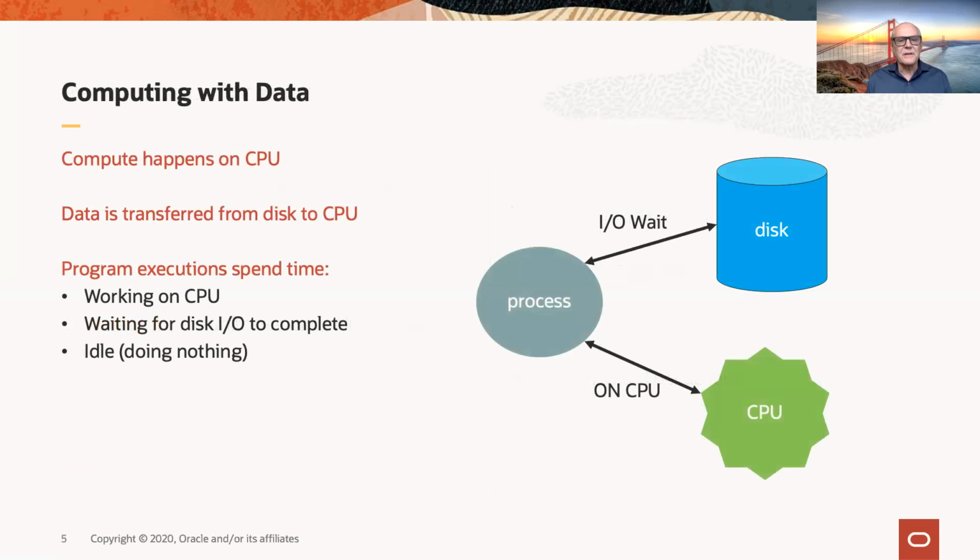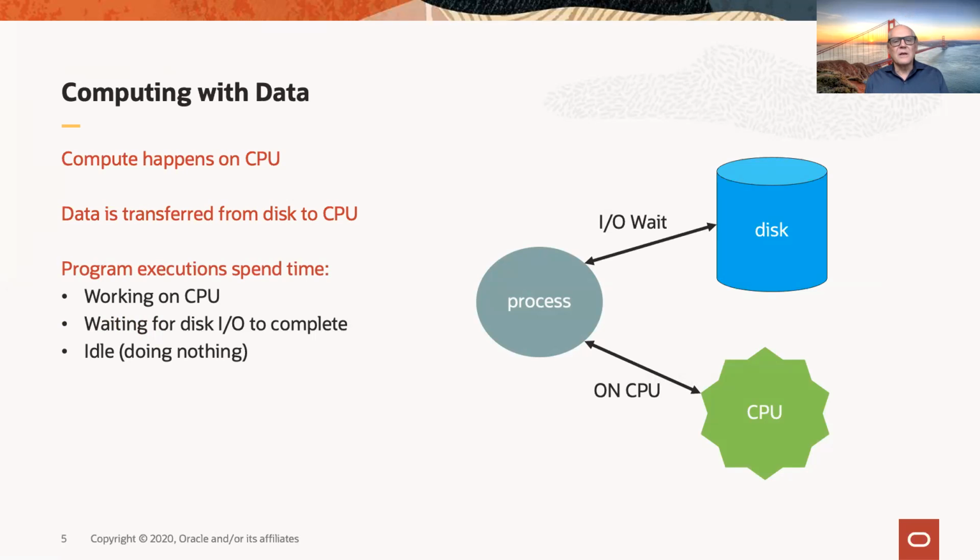So, a very simplistic diagram, but anytime we're going to compute with data, we involve CPU, of course, because that's computing, and a disk, or some kind of storage mechanism, because data has to persist somewhere. CPUs, at least until memristors become the basis for compute architectures, don't hold data. They don't preserve data. So the data that gets computed on has to come from some kind of storage medium.